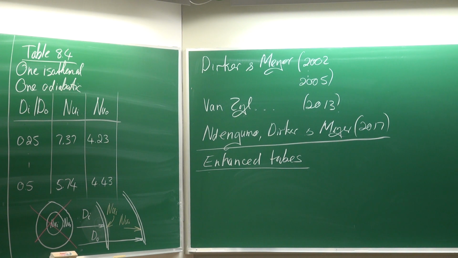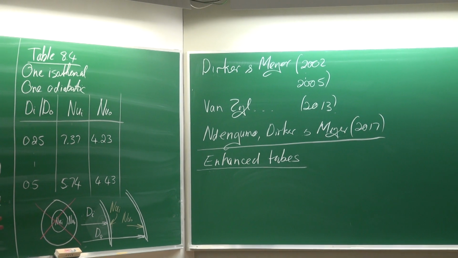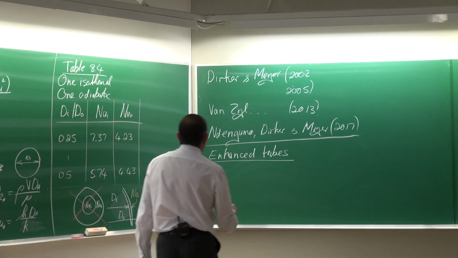Tube in tube, where you just take two circular tubes, you put them the one inside the other. But they take up a lot of area, and for that reason, a lot of work has been done to improve heat transfer. How is that done?